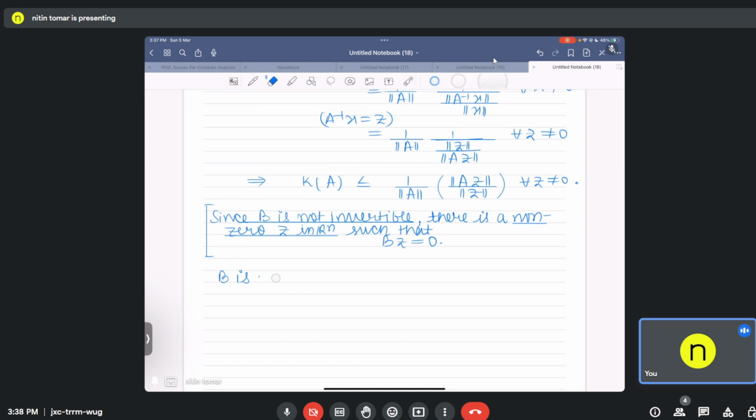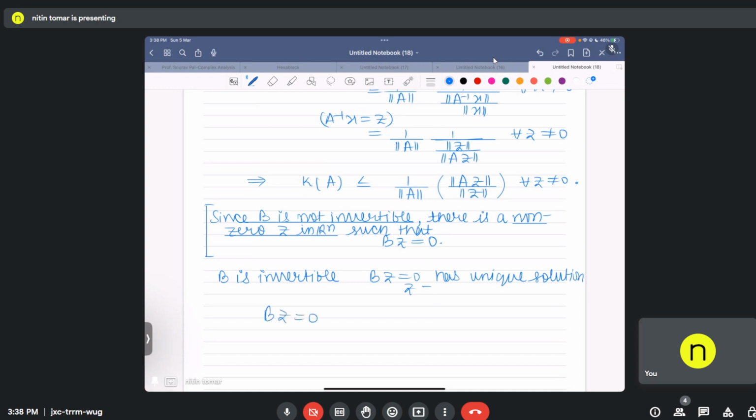See, if B is invertible, then Bz equal to 0 has a unique solution, and what will it be? If B is invertible, then what should be z here? Zero. Yes. So we have done in the previous classes, B is invertible if and only if Bz equal to 0 has a unique solution given by z equal to 0, okay?